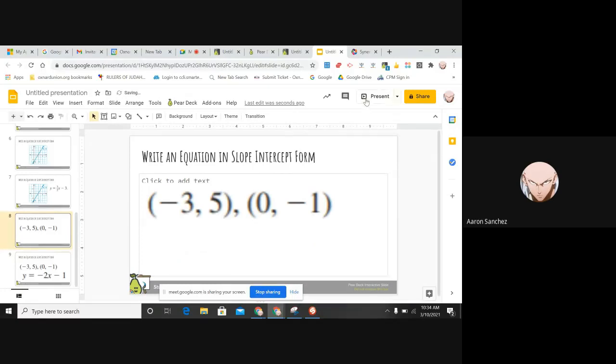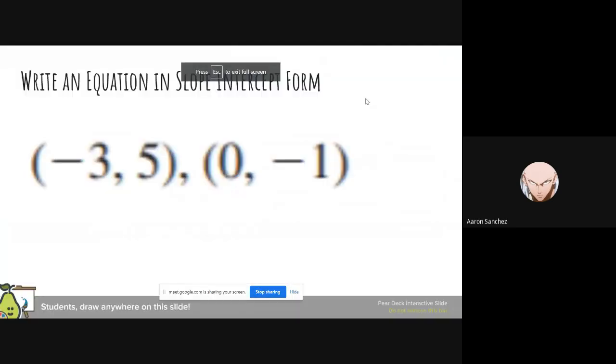There we go. All right, go ahead and write an equation for those. Write an equation of a line that goes through those 2 points. I had the answer on there. You probably saw it, but go ahead and see if you can write an equation for that. Now, here's a hint. You have to find the slope first, and then this is the y-intercept at -1 because you have a 0 here. It's the y-intercept, right?